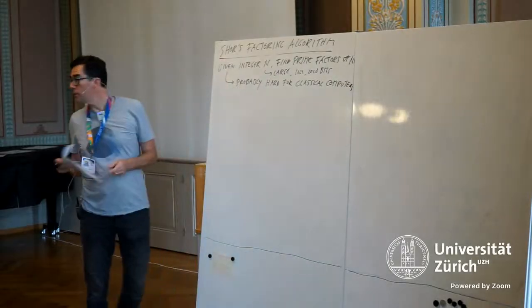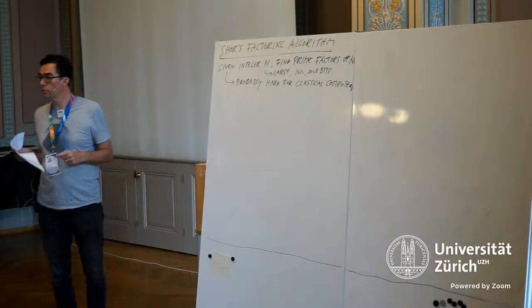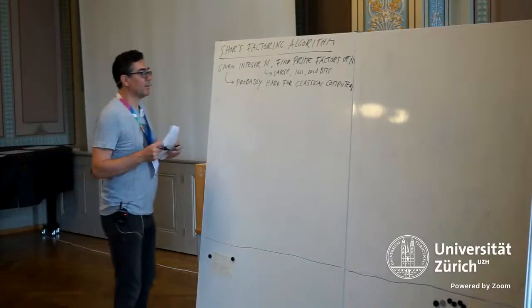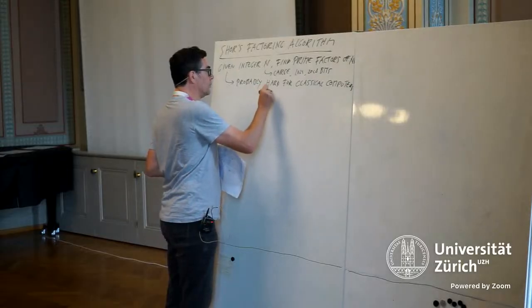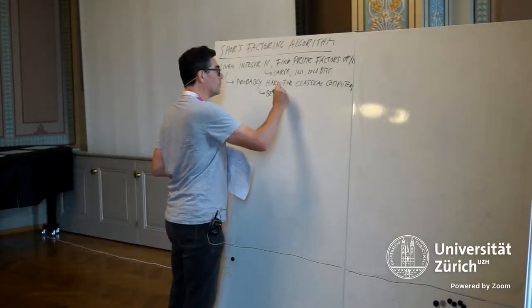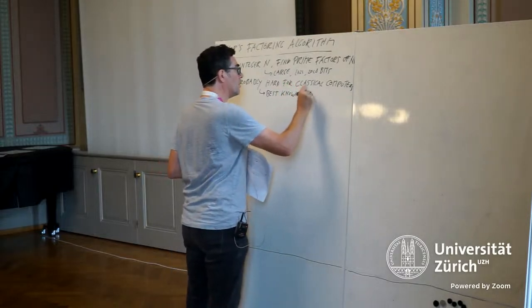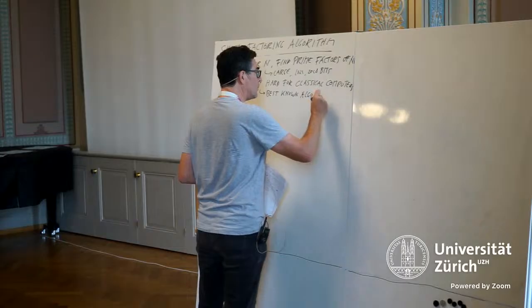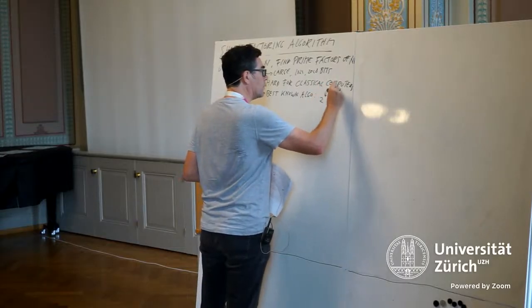As always, by the way, feel free to interrupt me with questions, complain if stuff is not readable or otherwise incomprehensible. And the best known classical algorithm is the so-called number field sieve. It takes time something like 2 to the power (log N)^(1/3).